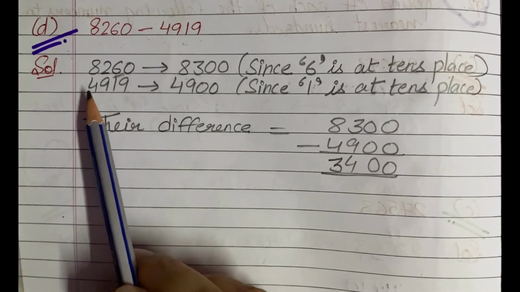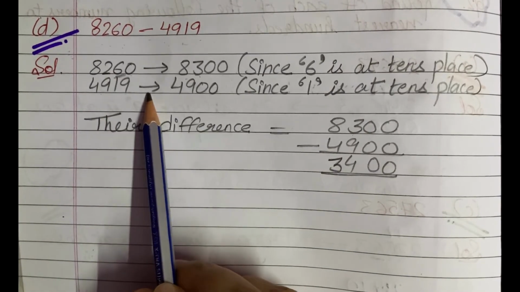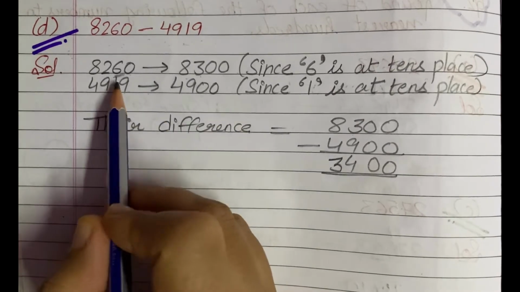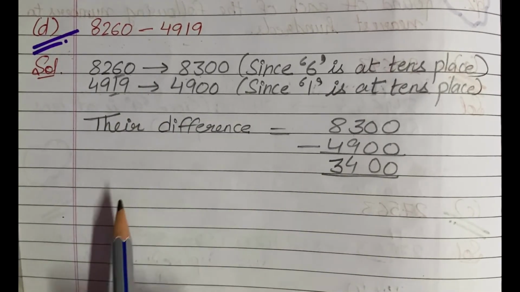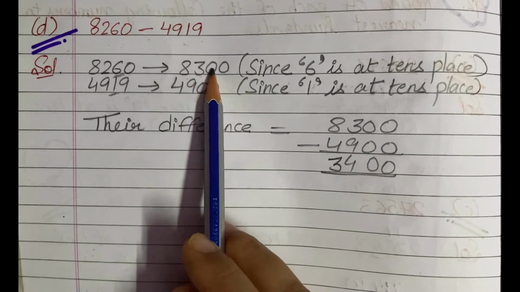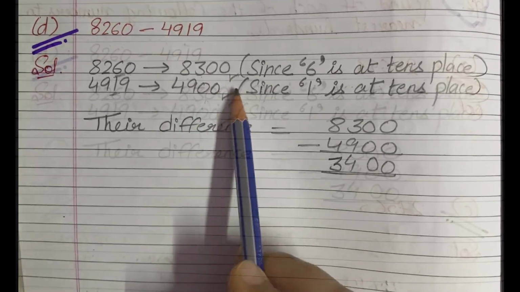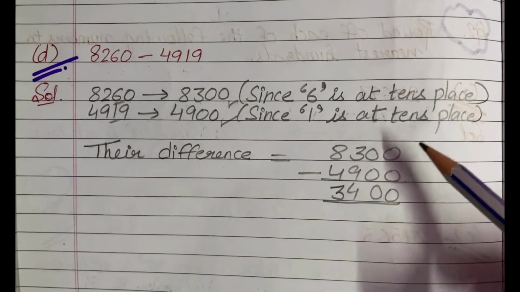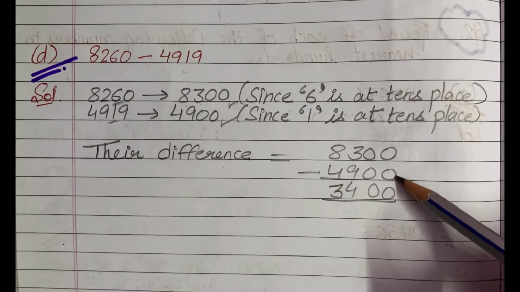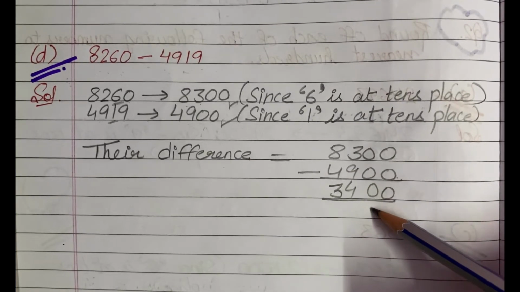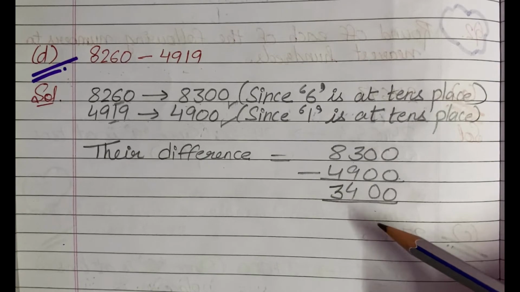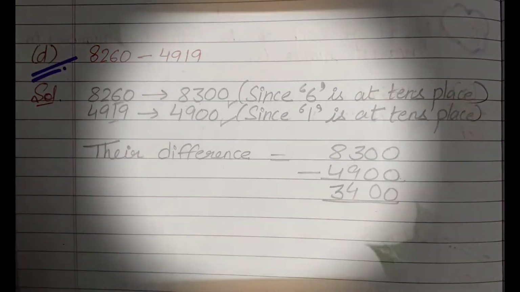Round off of 4,919 is 4,900 since we have 1 at the tens place. Now after rounding off we will find their difference, and the difference of 8,300 and 4,900 is 3,400. Hopefully it is clear to you.